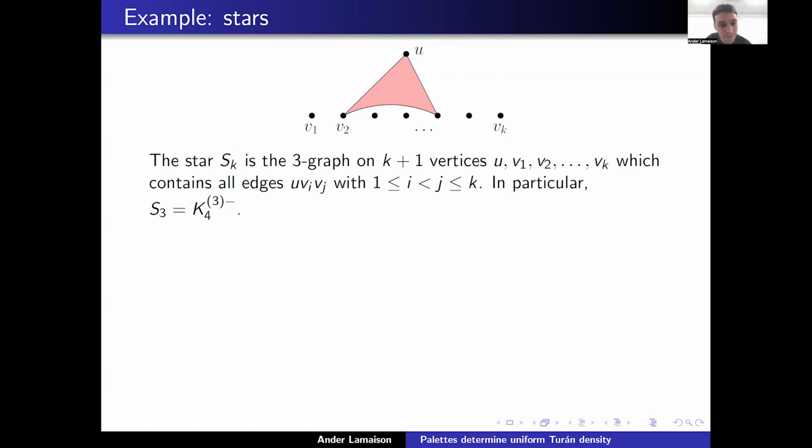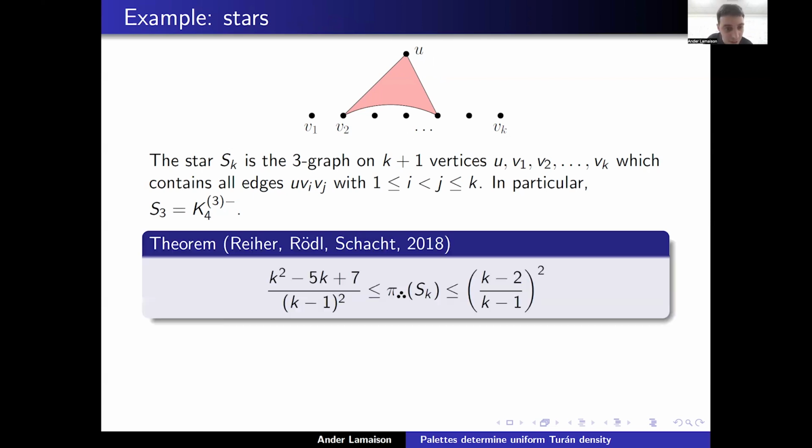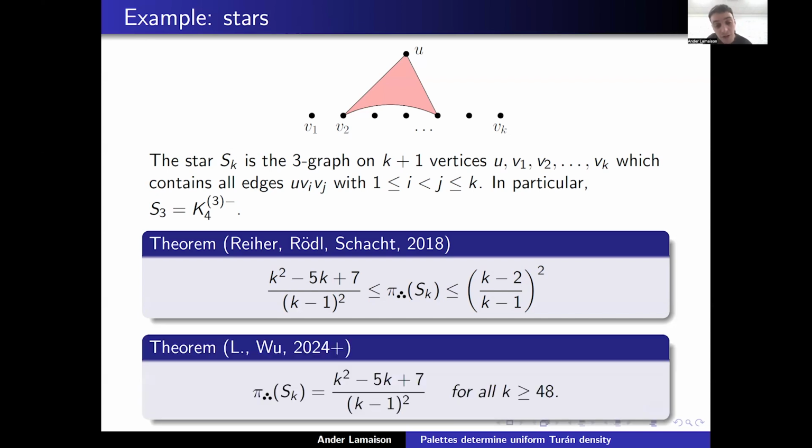Now, Rödl and Schacht had looked at the uniform Turán density of stars, and they had given both a lower bound and an upper bound. And together with Zhuo Wu, we showed that for large enough stars, the lower bound is sharp.